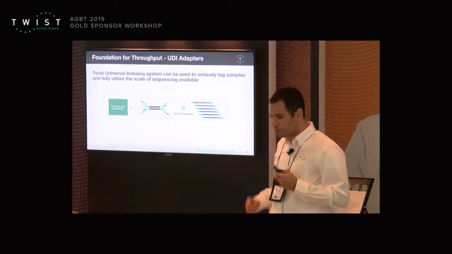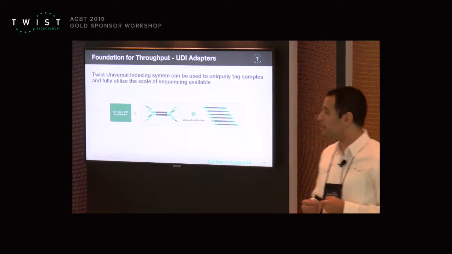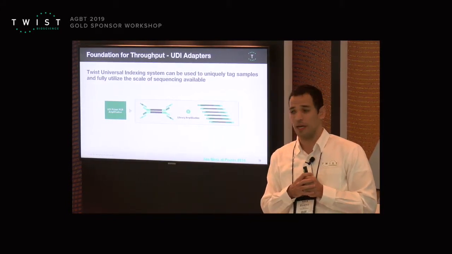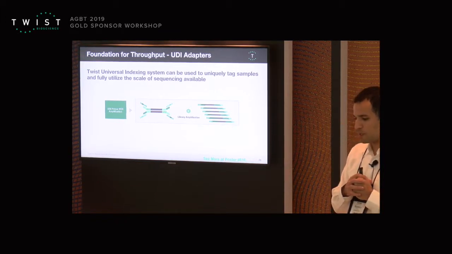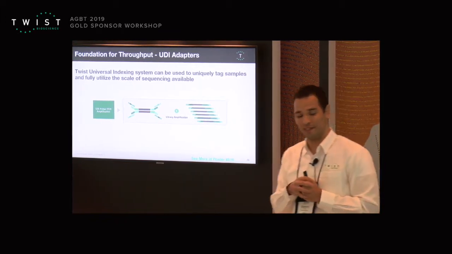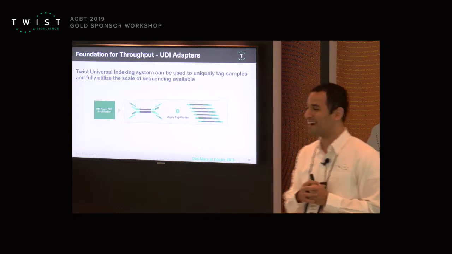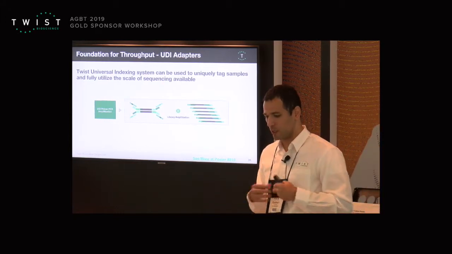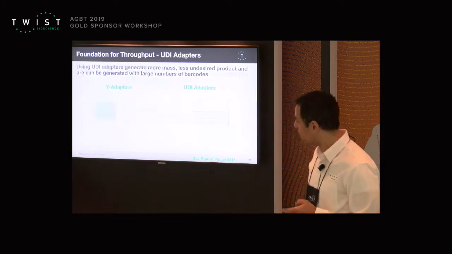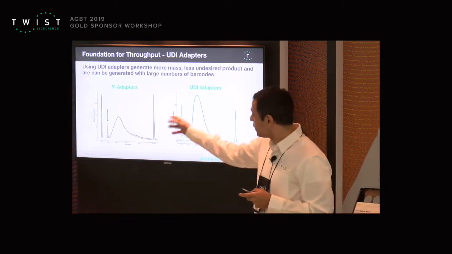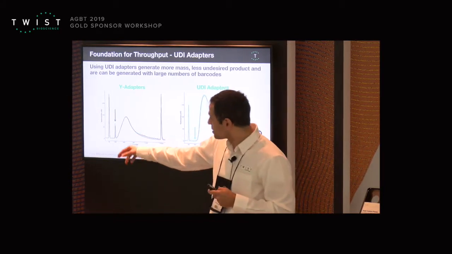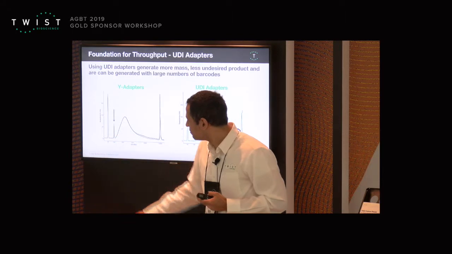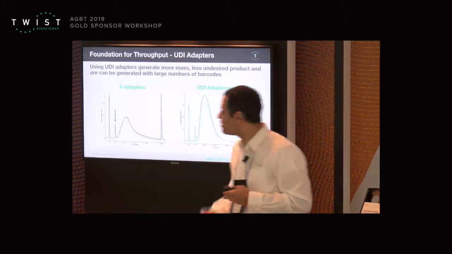For putting more samples on a sequencer, we have a really excellent UDI system that allows you to have indices up to whatever plex we decide to stop at. It's a pretty good system, and it allows you to just put a lot of samples on a sequencer. When comparing the UDI system to a standard Y adapter, you see there's a lot of unwanted product.